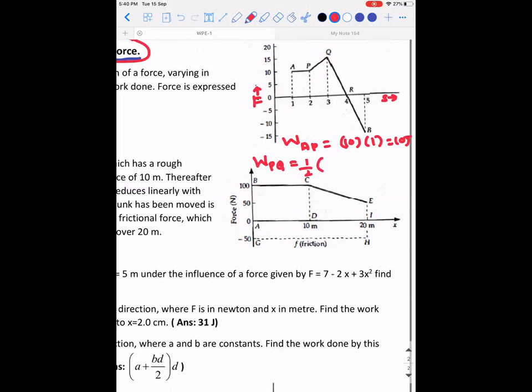Which are the parallel sides here? 10 Newton and 15 Newton. Okay, then how much is the base? 1. Yes, half into 1 into 10 plus 15. That will be 25 by 2 joule.